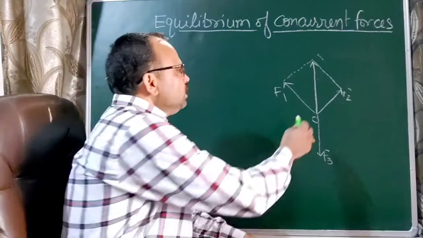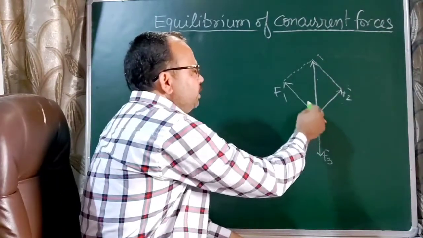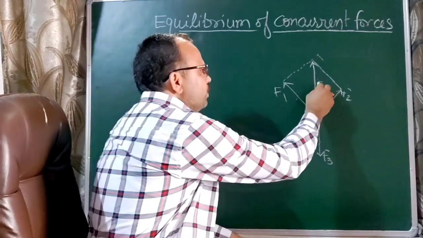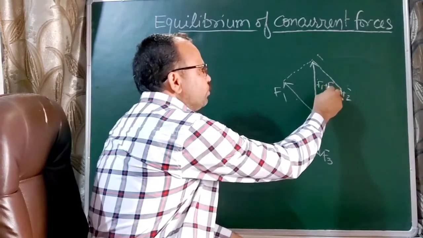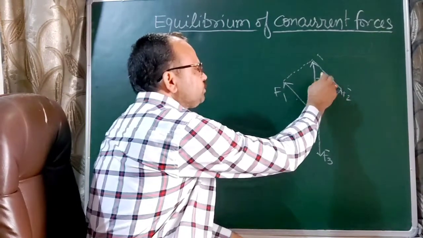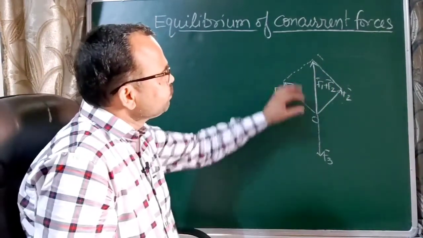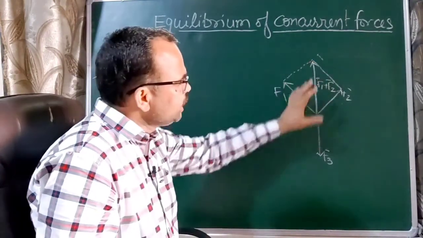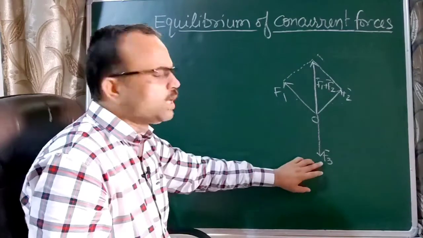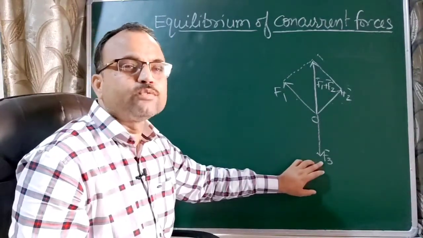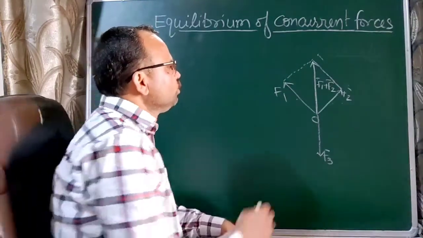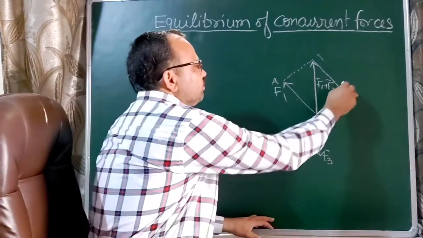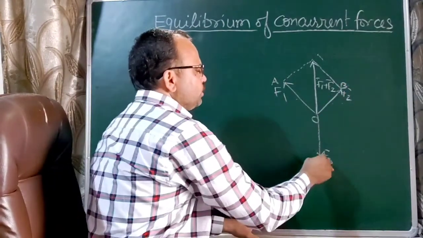It means this line will be the resultant, F1 plus F2, right? Suppose this resultant of F1 and F2 is equal and opposite to the third force F3. The forces are OA, OB and this OC.